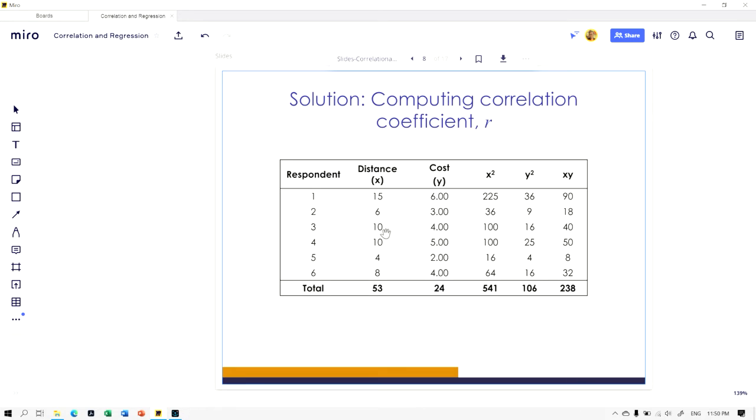For the second respondent, the value of x is 6, the value of y is 3. So 6 multiplied with 3 is equals to 18. And if we continue with the remaining respondents, we will get a total of 238, and this value represents the value of sum xy.